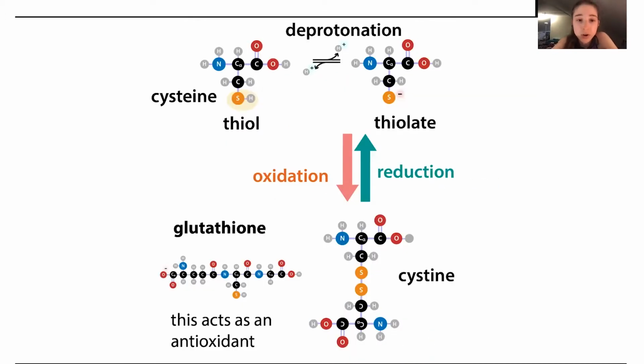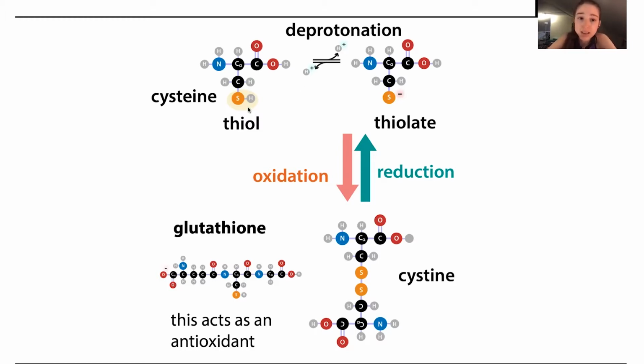It's important to note that when this hydrogen is lost, it's lost as a proton, so it's leaving behind the electron. So deprotonation is not an oxidation reaction. This sulfur has the same oxidation state here and here. With oxidation state, it's like, if this were an ionic bond and you were to split these up, who would the electrons stay with?